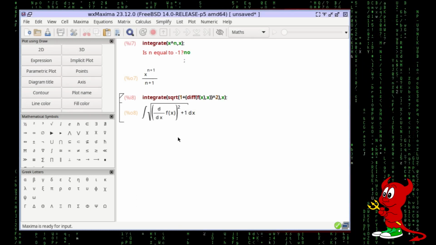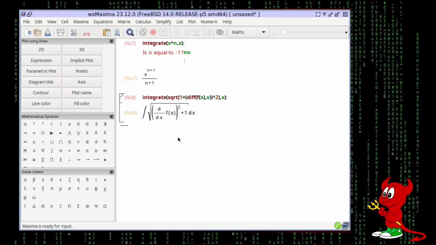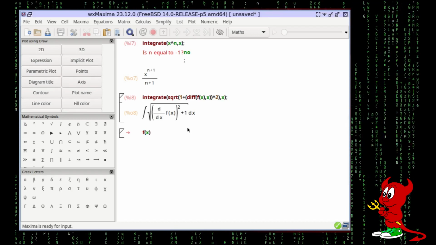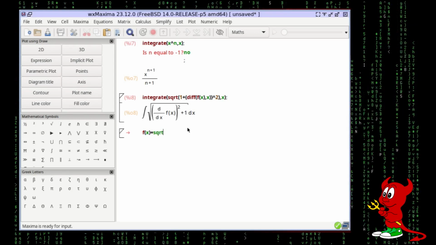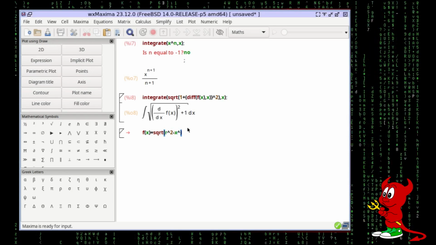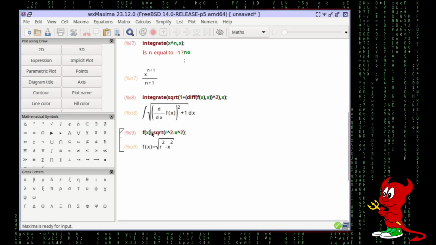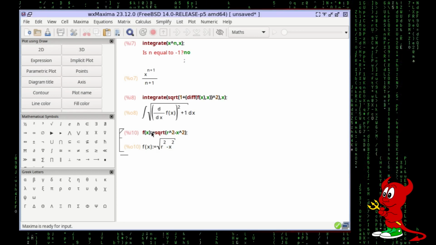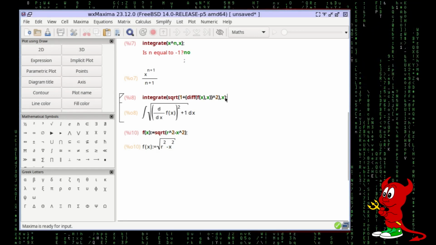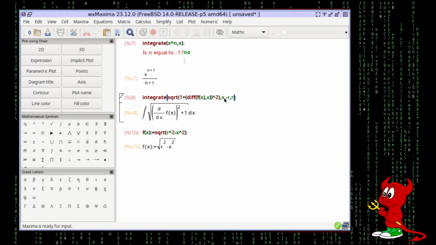How does a circle look like? The equation, we can go from the Pythagorean theorem, and we can define therefore f of x being equal to the square root of the radius squared minus x squared. So I think we need a semicolon. And now let's go back to this integration, and we are going to integrate between minus r and r.